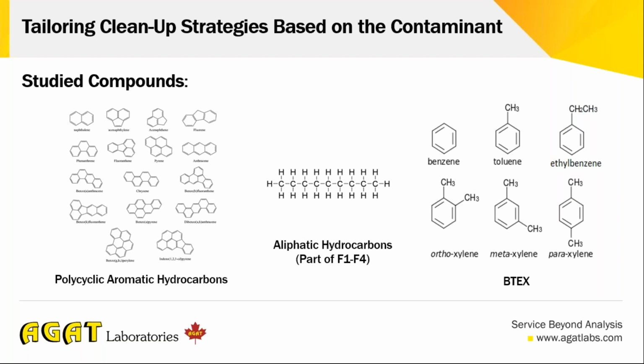F1 to F4 are groups of straight-chain, saturated hydrocarbons. F1 ranges from C6 to C10. F2 is C10 to C16. F3 is C16 to C34. And the last group, F4, goes all the way from C34 to C50.